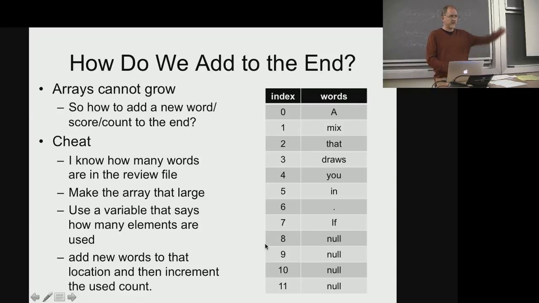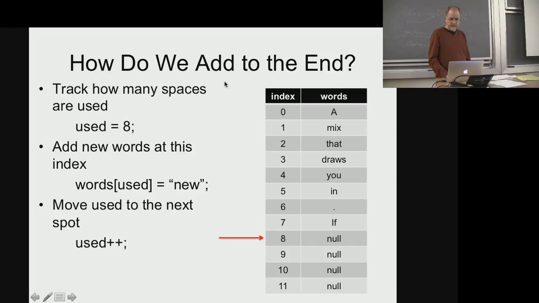So we're going to start off by cheating and make a giant list of, I think, 14,000-something words, because that's how many words we find in the reviews. And at the beginning, we're going to say we haven't used any of them. Then as we add, we have a variable like used, or number of elements used. It tells us where we can add the next element, and then we add 1 to it to get to the next location.